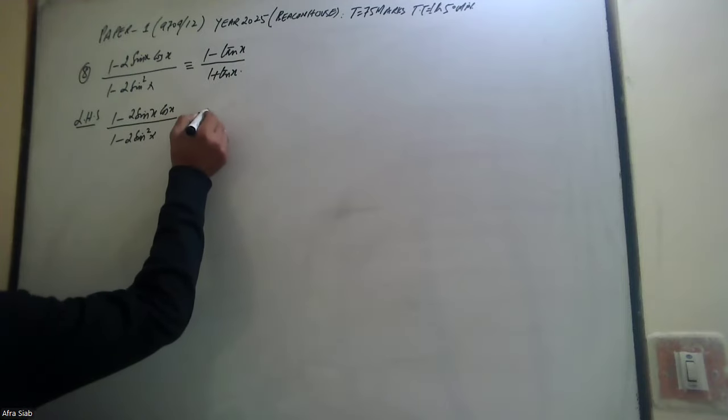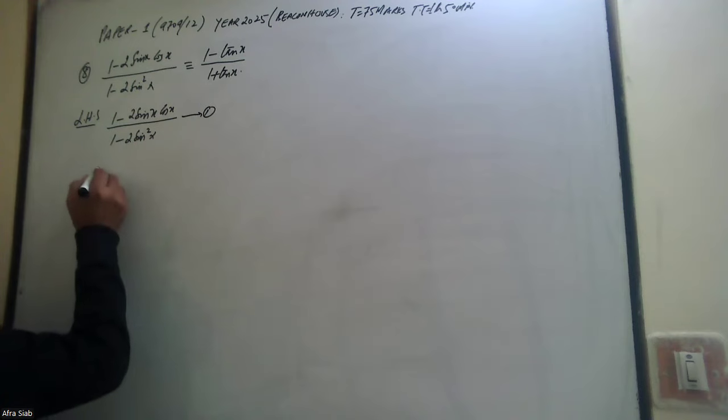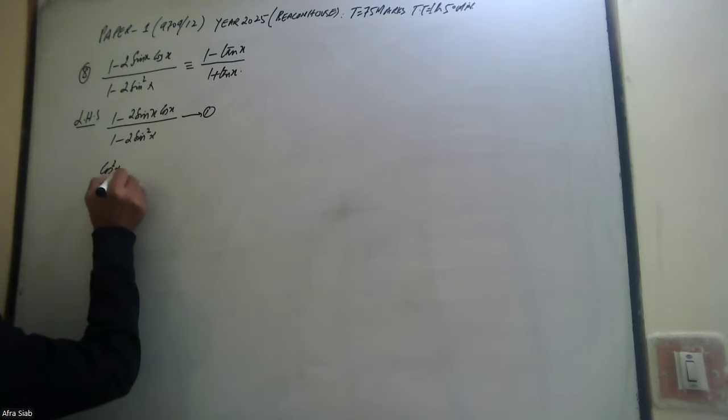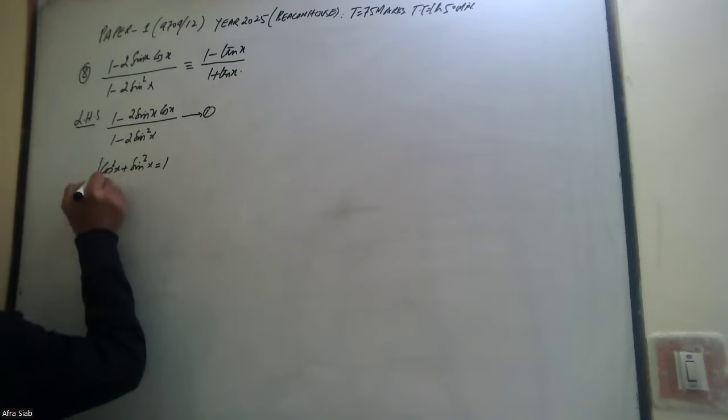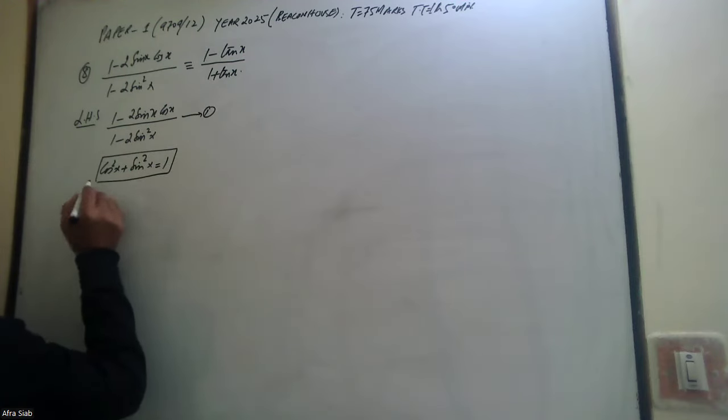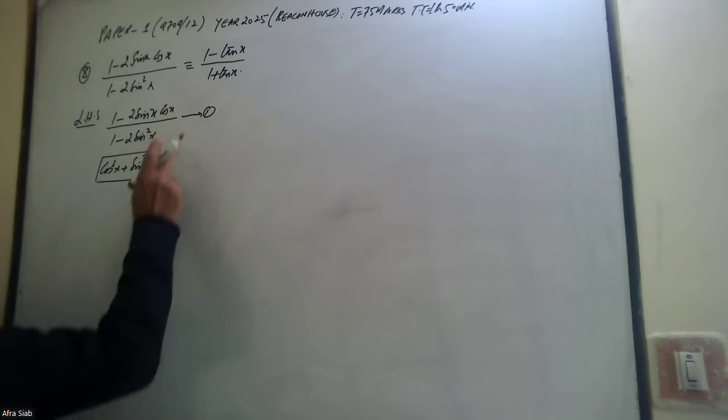Let's say it is 1 to the left hand side. But we know one thing, that cos square of x plus sine square of x is equal to 1. So you have to put this into this equation number 1.